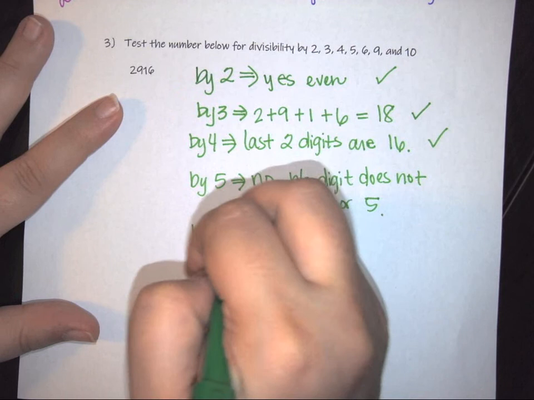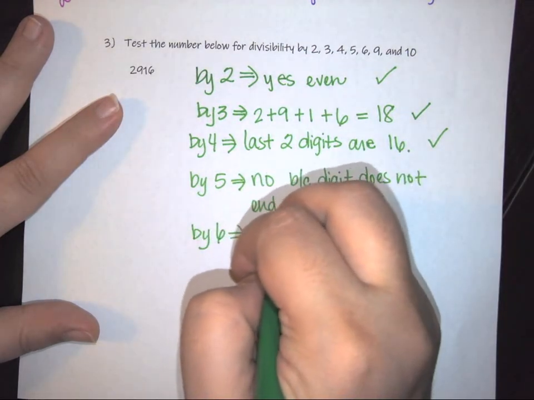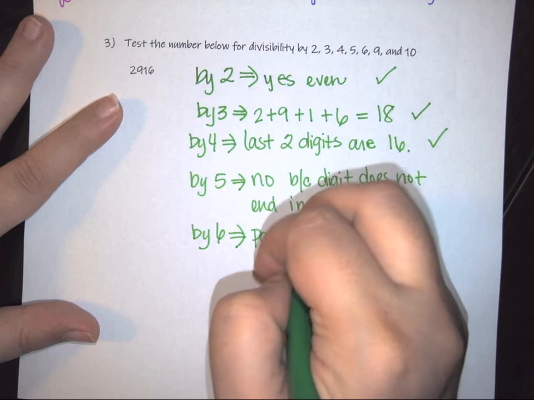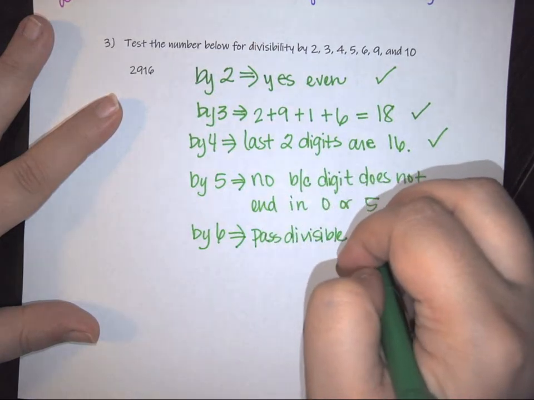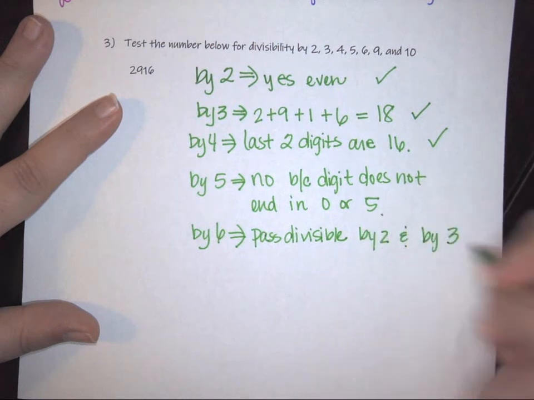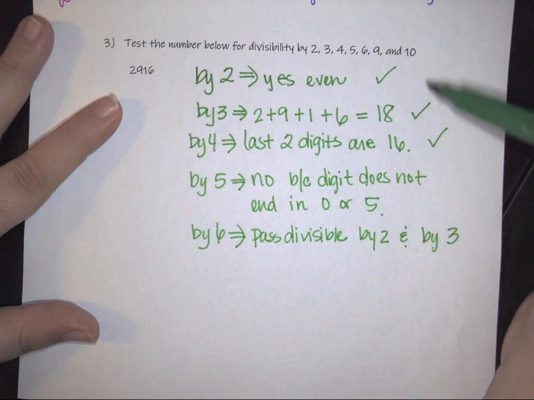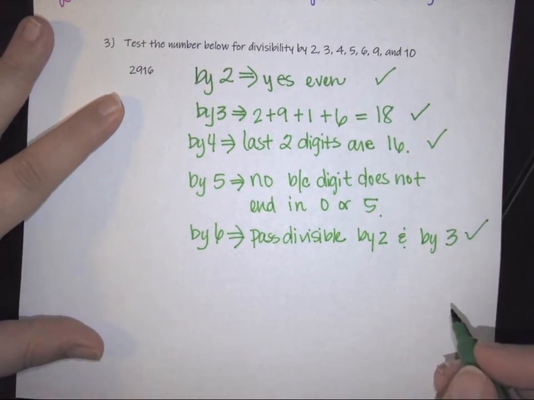When we're checking by 6, what we're looking for is, did you pass divisible by 2 and by 3? Well, in this case, yes, we did. We passed them both. Therefore, we are also divisible by 6.